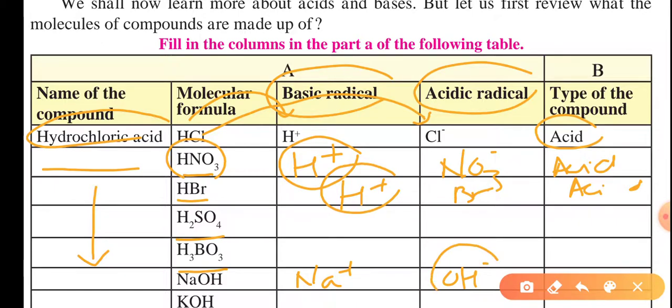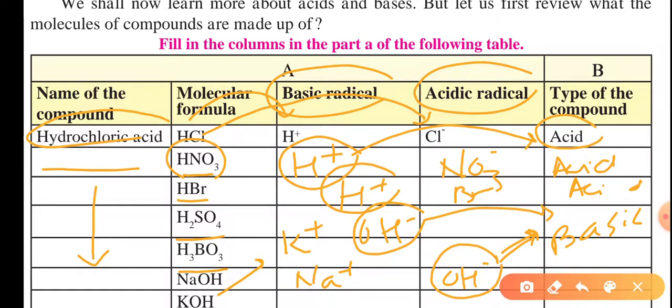Whenever OH minus comes, it is called basic. Whenever H plus comes, it is called an acid. Whenever OH minus comes, it is called basic. So KOH means K plus and OH minus. So OH means basic, and H plus means acidic.